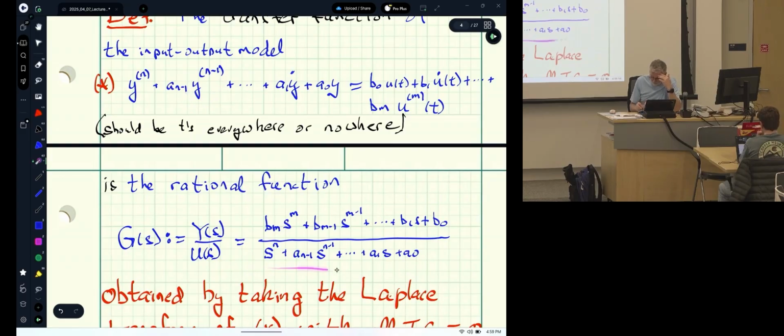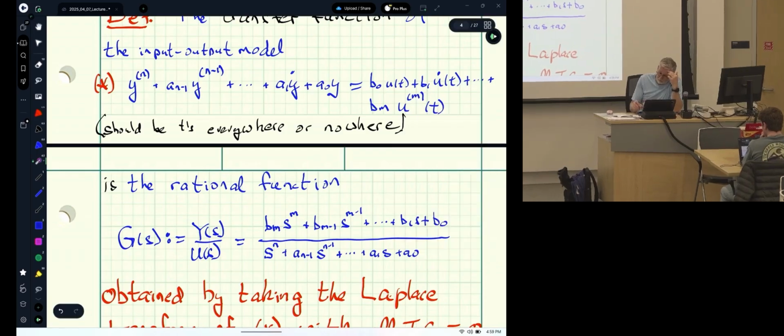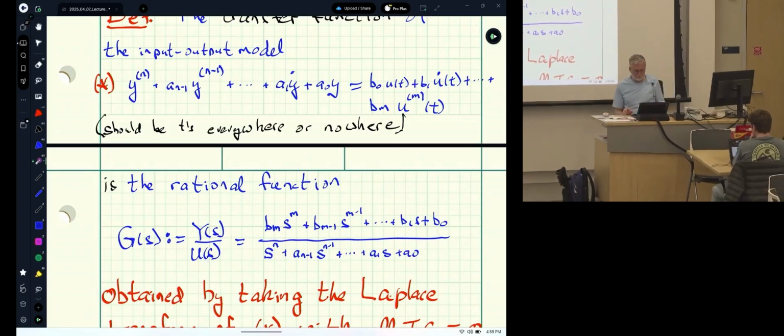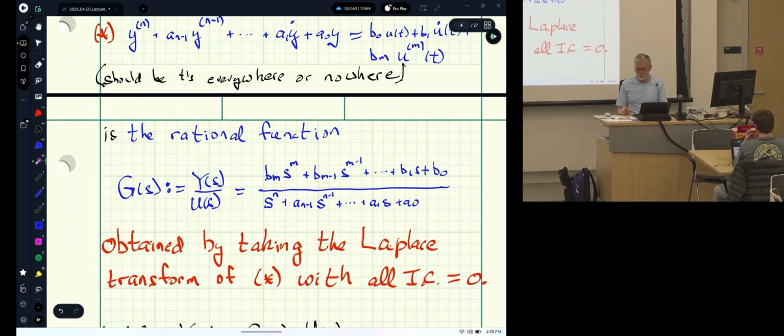And that's all that this is, and the Y of s is factored out. And the same thing here, b_m s to the m, capital U of s, dot, dot, dot, b0, capital U of s. U of s is factored out. Okay, so that's the transfer function.